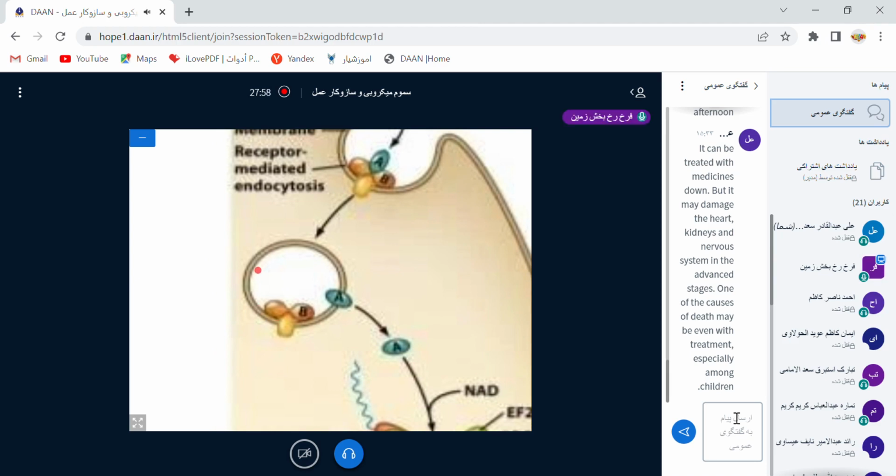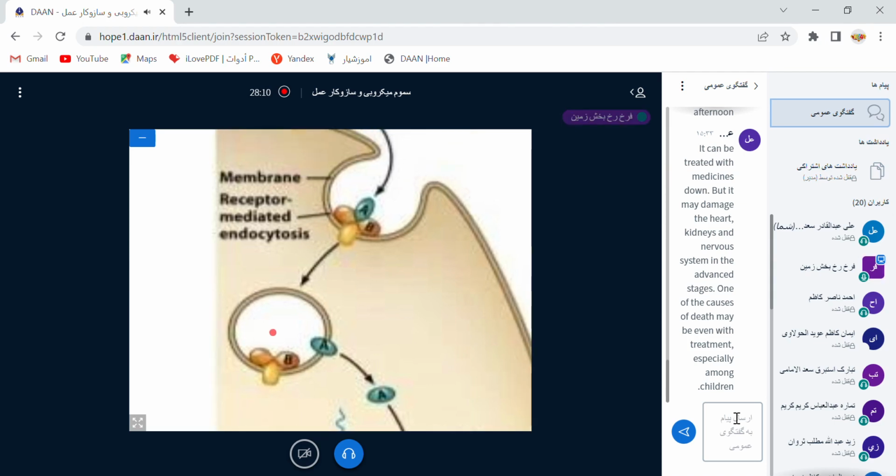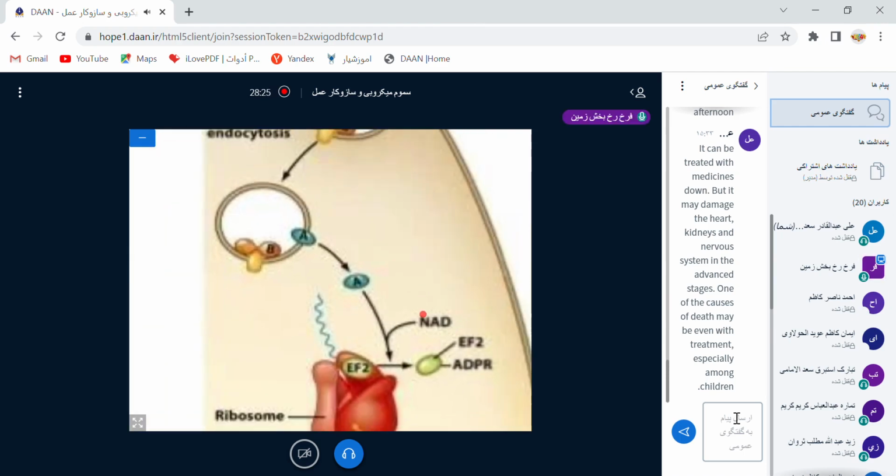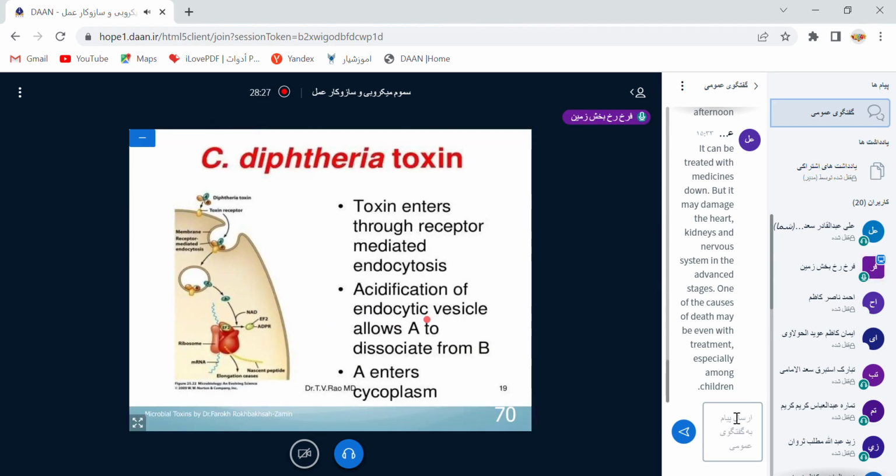When this comes inside the cytoplasm of our human cells, B remains in the phagosome, but A, the catalytic site, active site, goes out of the phagosome and goes to the cytoplasm.